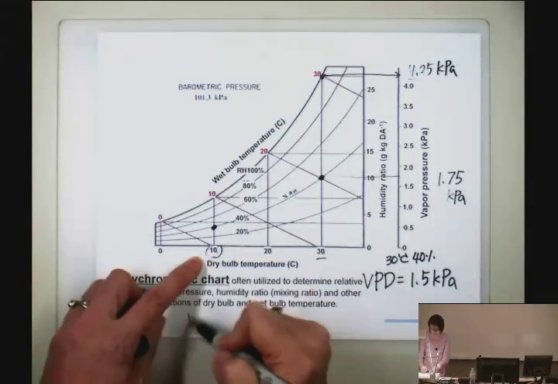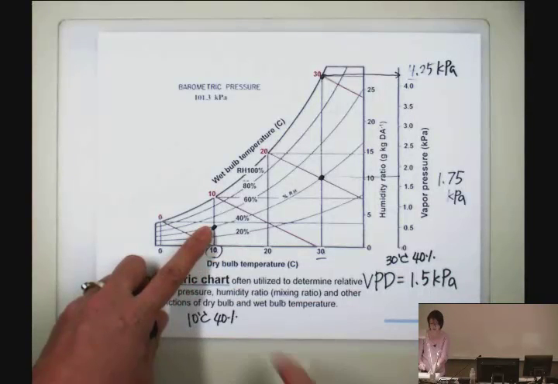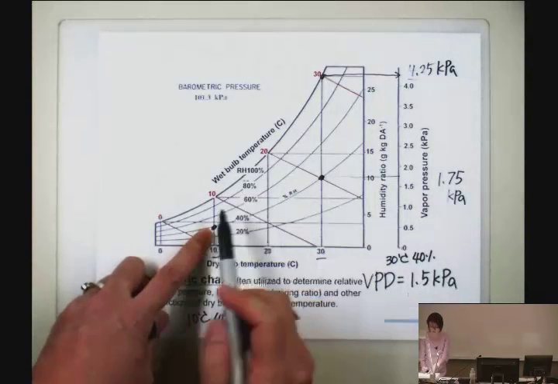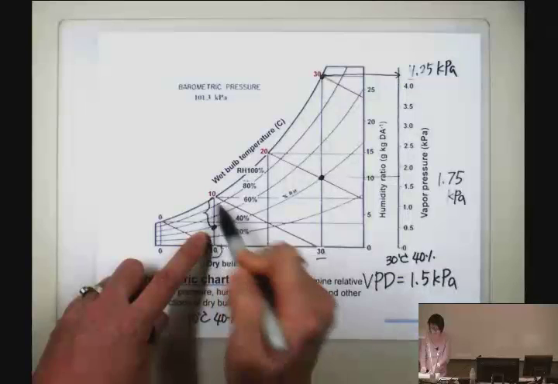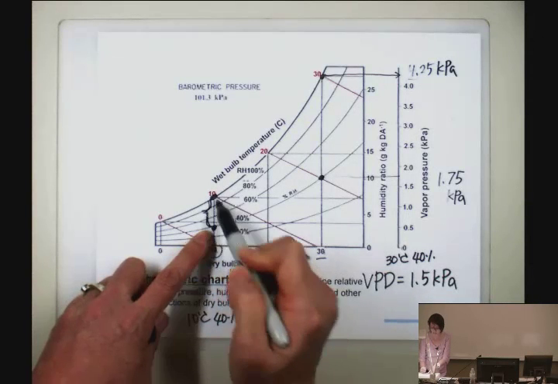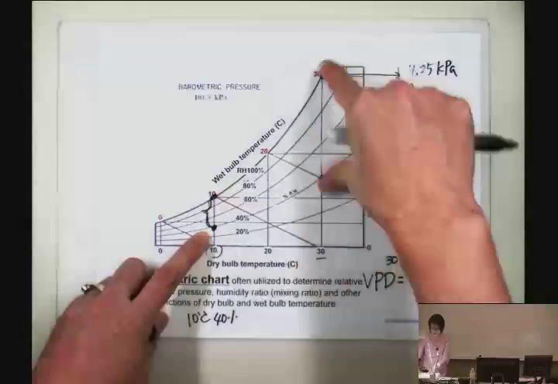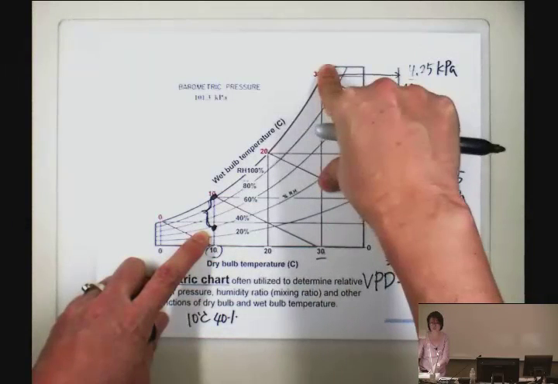All right. So let's see, 10 degrees C, right here, and 40%, the same relative humidity. You can visually see that the vapor pressure deficit is going to be this, right? Saturation and the current. Visually you see that the vapor pressure deficit at the same humidity level but different temperature is much smaller than in this higher temperature situation, right?